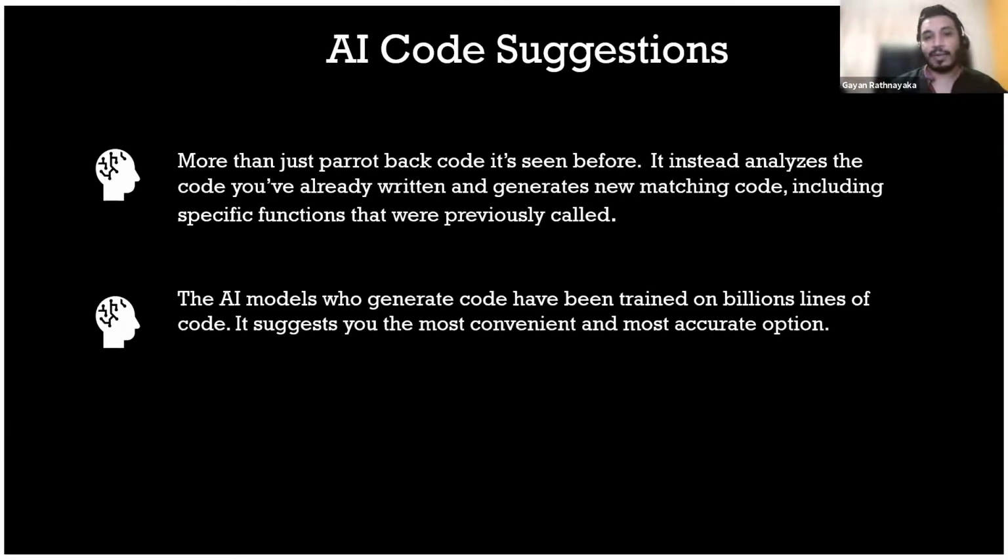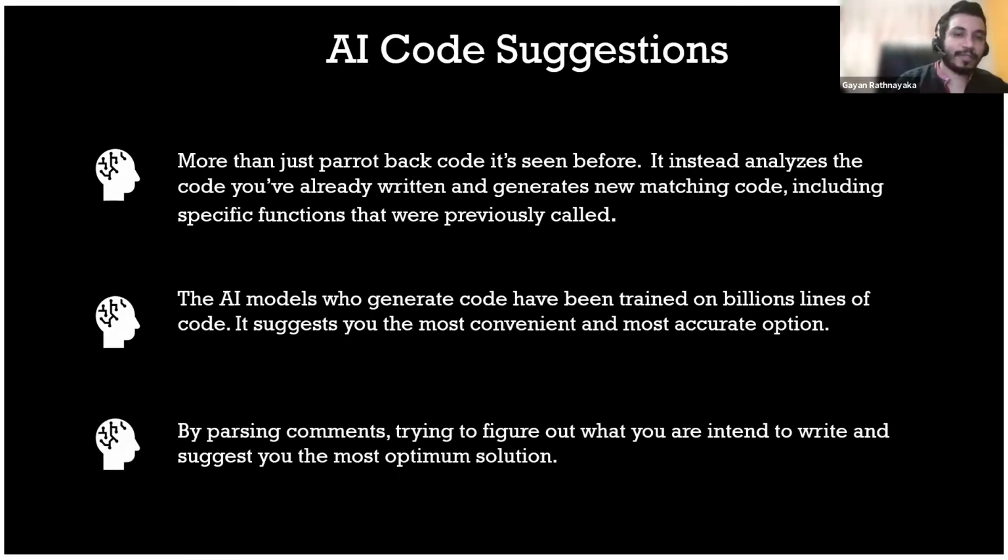They have been trained on all of that, so it often gives you the proper suggestion. It's more accurate for some functions and gives less accurate results for others. We'll discuss all that in later slides.